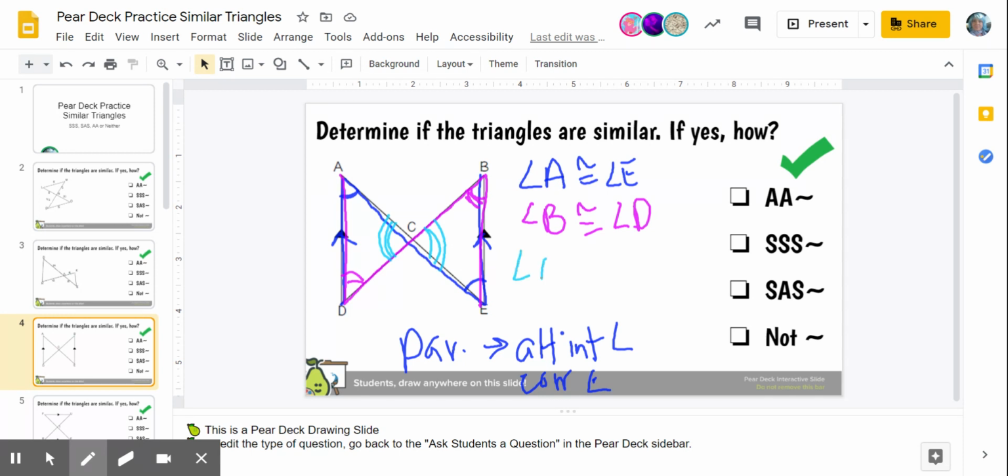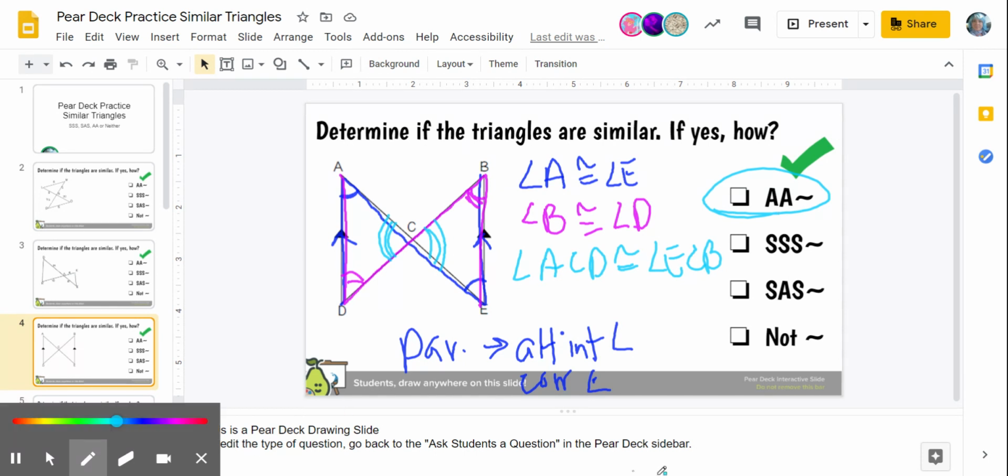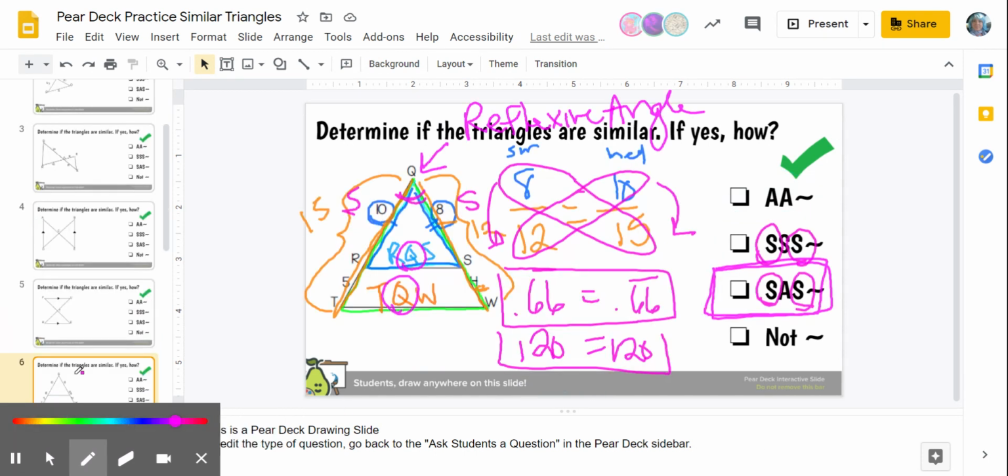So angle ACD is congruent to angle ECB. What is my answer choice over on the right-hand side? Angle, angle. Try 5, 6, and 7. I'm going to stop sharing.